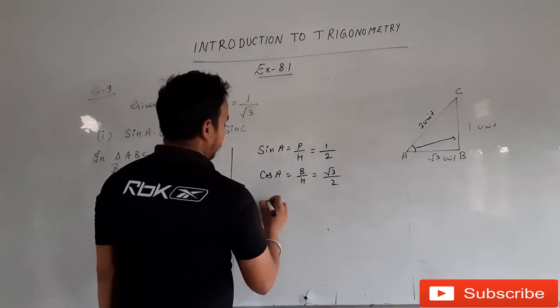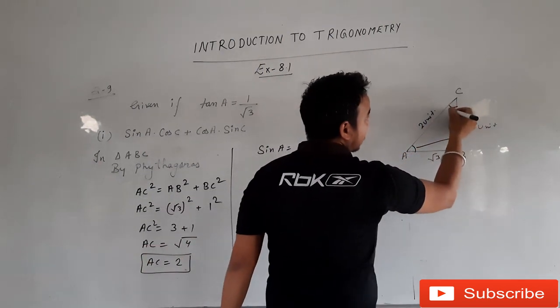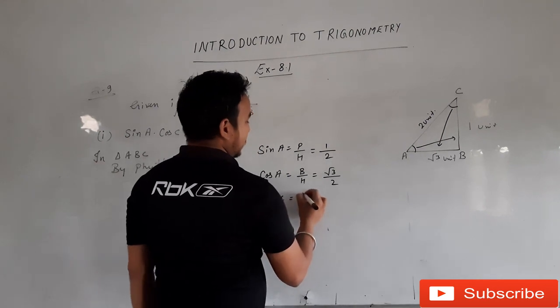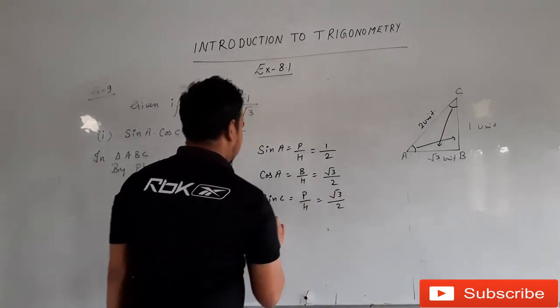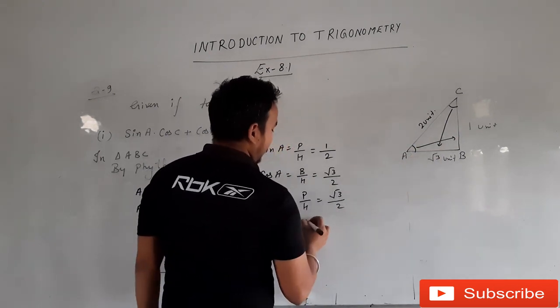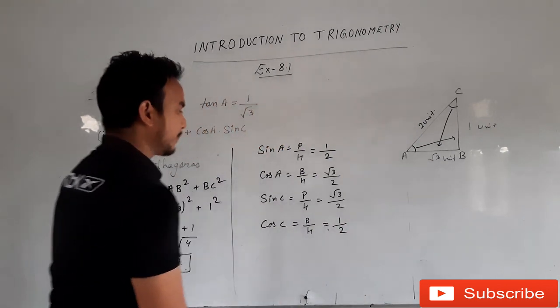Now sin C, it means we are talking from there, so the perpendicular will be under root 3 and cos C is equal to 1 by 2.